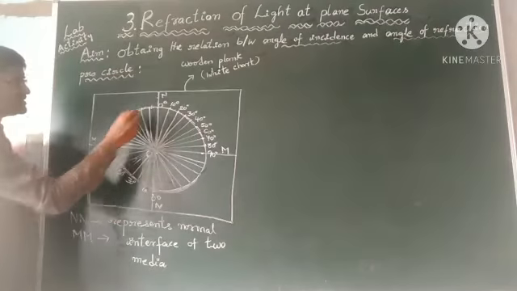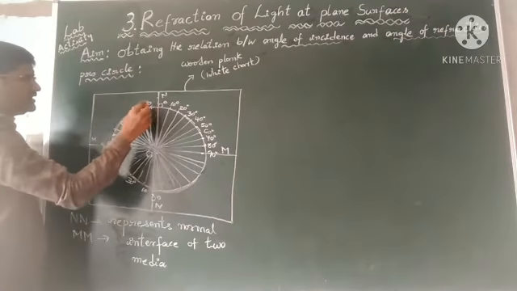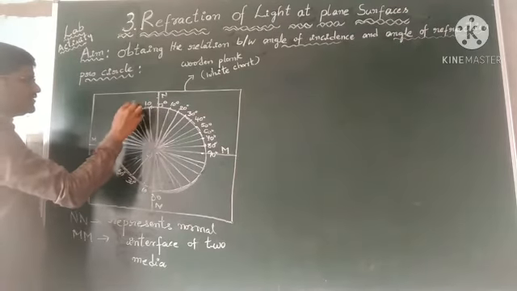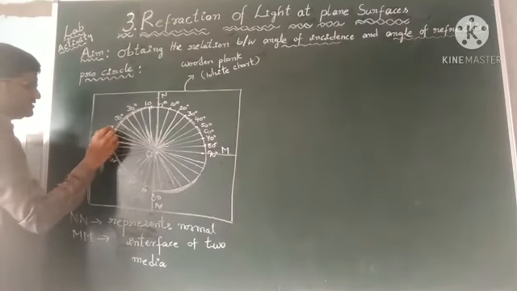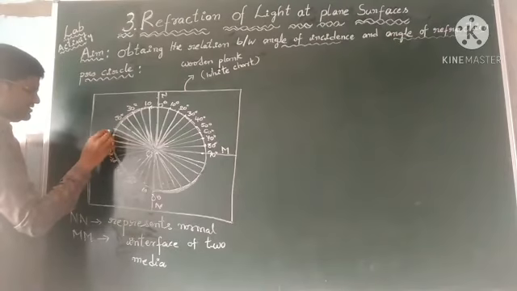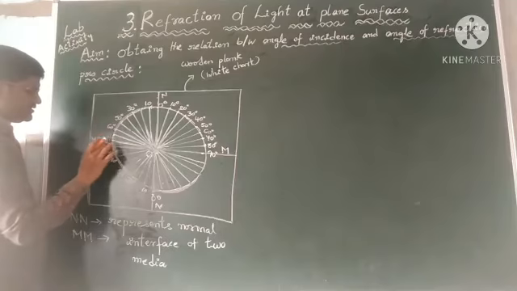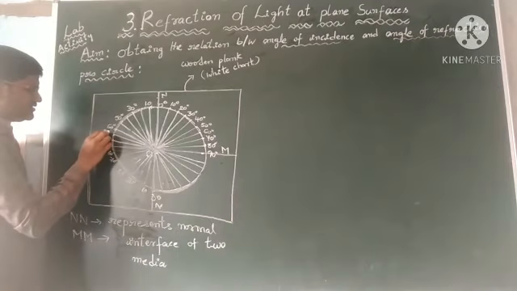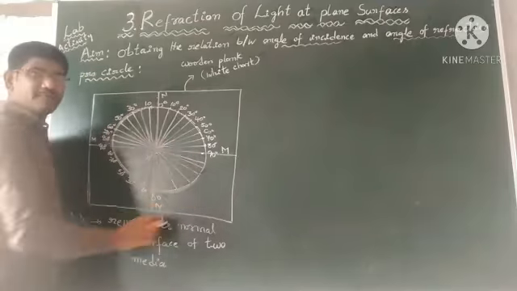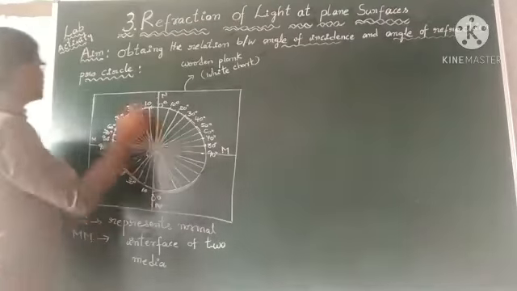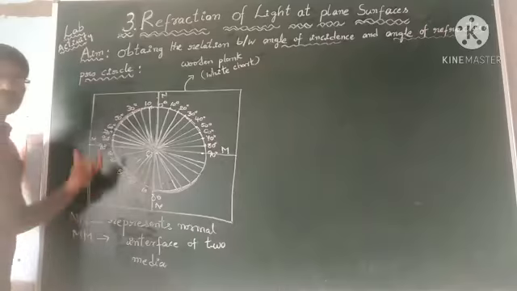So you will get the angles here. This is 0, now you will get here 10 degrees, 20, 30, 40, 50, 60 degrees, 70, and we will have 80 degrees, and here 70 degrees. Like we marked the angles, this is called preparation of pro circle.